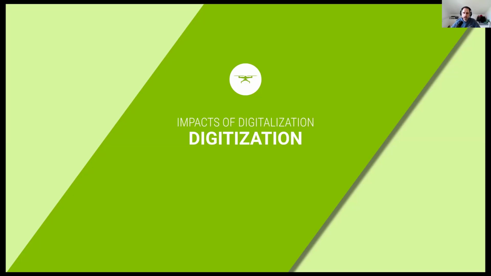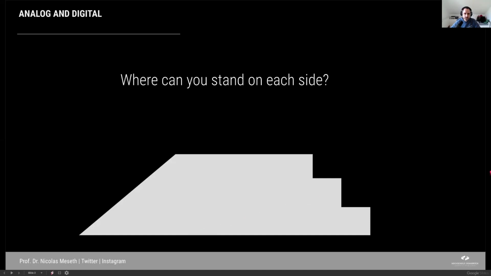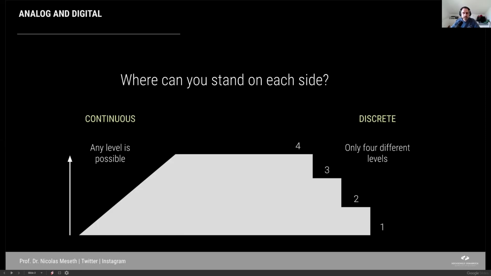And what we have seen last week is that first we distinguished the analog and the digital world using this picture. So we said that on the left side we see the continuous world, where we can stand on basically any level. It doesn't matter on that line from the bottom to the top.